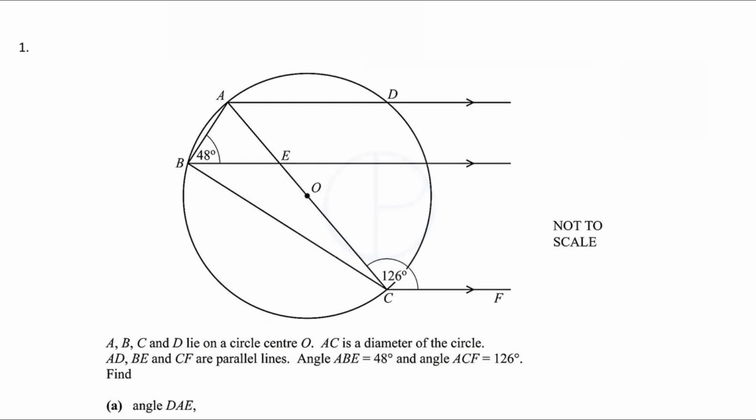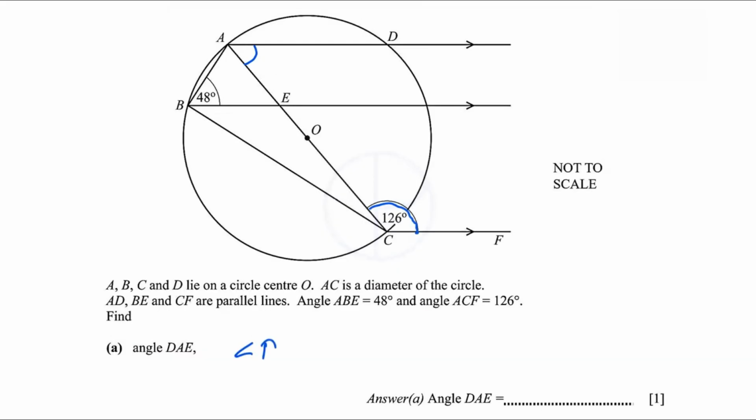Find angle DAE. So we need to find angle DAE, that is this angle. So here it's given ACF is 126. ACF and DAC both are allied angles. That means co-interior angles. Co-interior angles add up to 180.